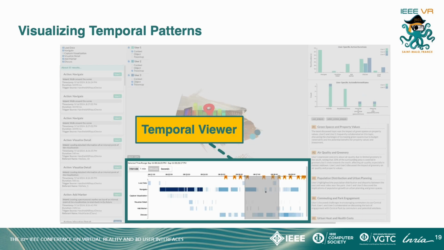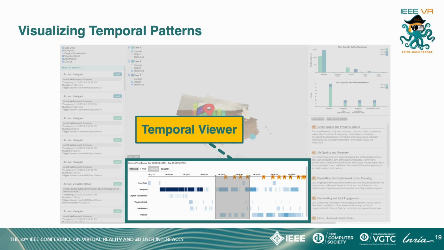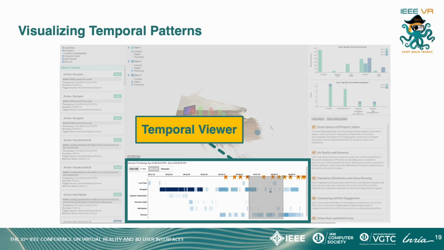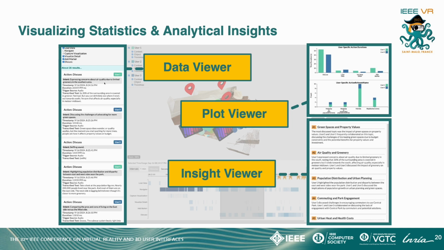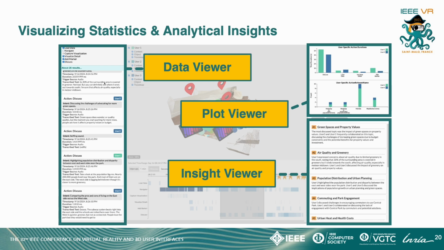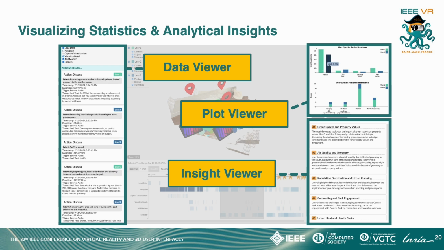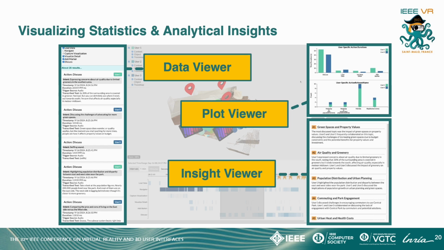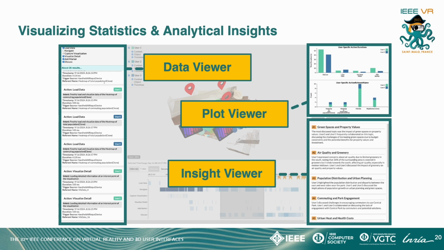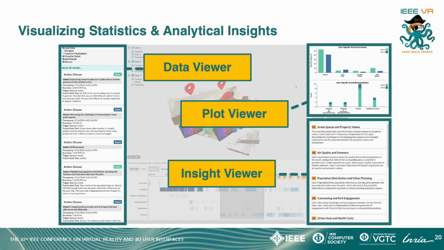The temporal viewer visualizes the user's events in historical order. The data viewer and plot viewer show the unprocessed data streams as well as statistical visualization. Furthermore, we provide a set of LLM-generated insights through the Insight Viewer. This facilitates the analysts for more effective data exploration.